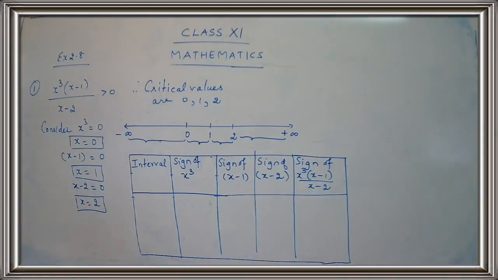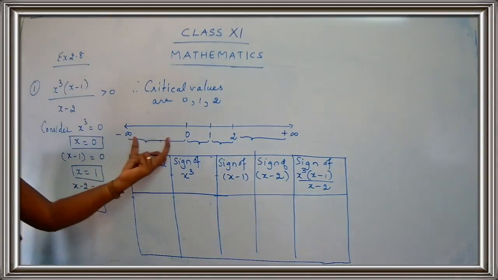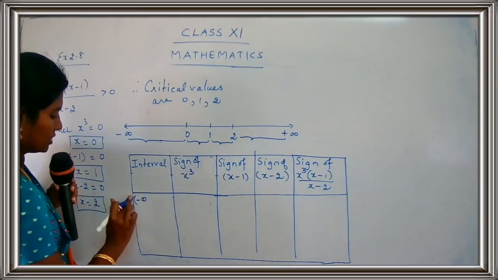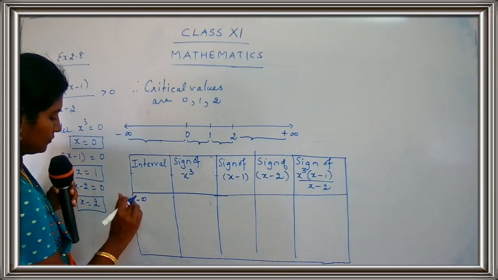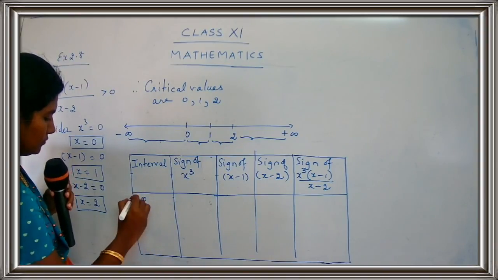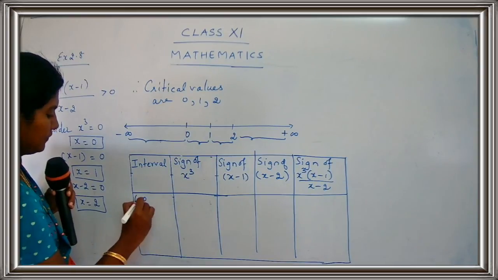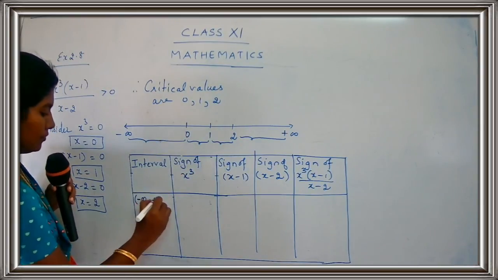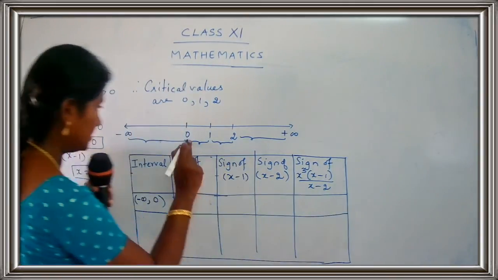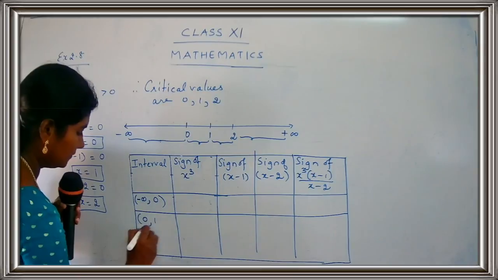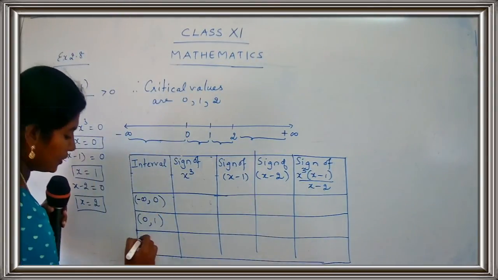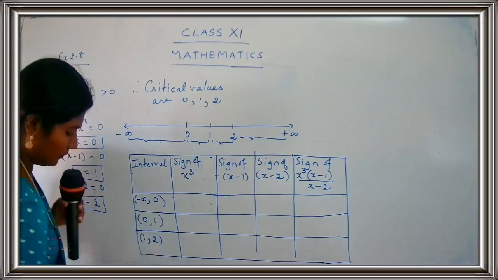Okay. Now let us write down the intervals. I had told you how to go for the interval. Just choose the intervals properly. So minus infinity to 0, use an open interval. Minus infinity, 0; next 0 to 1; next 1 to 2; and we have one more.